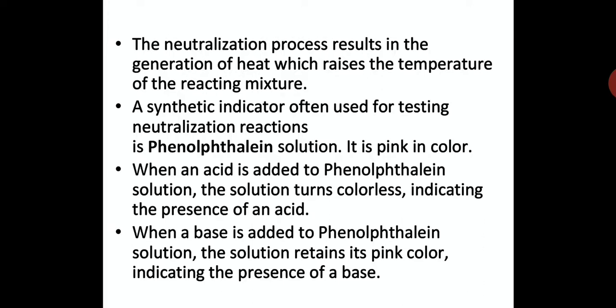That means all the acid in the test tube is neutralized by the base which you are adding. How will you come to know? By some indicators. The indicator which you are using here is phenolphthalein. Phenolphthalein is a synthetic indicator which you prepare in the lab. It is actually colorless, but in base it gives a prominent pink color.